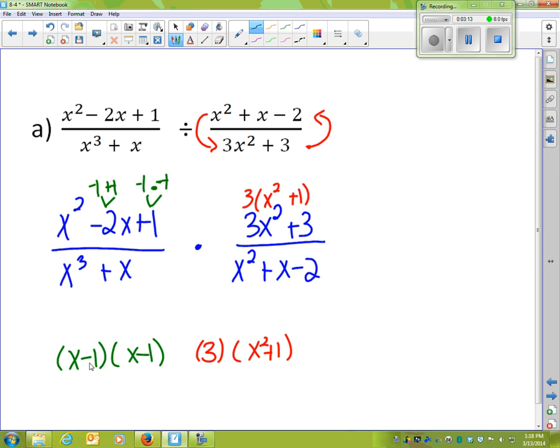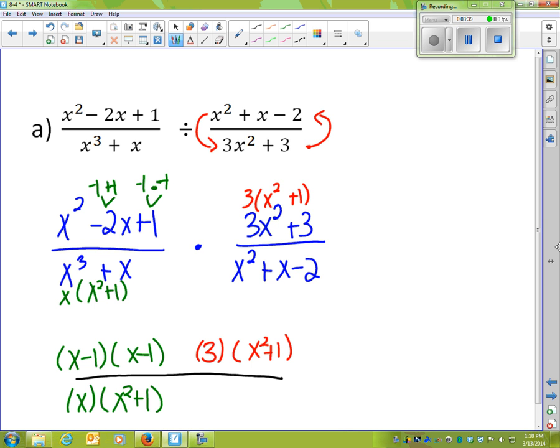Then for my denominators, I have the first one, I have a GCF. They both have x in common, so I can pull an x out, leaving me with x squared plus 1. So down here I have x times x squared plus 1.